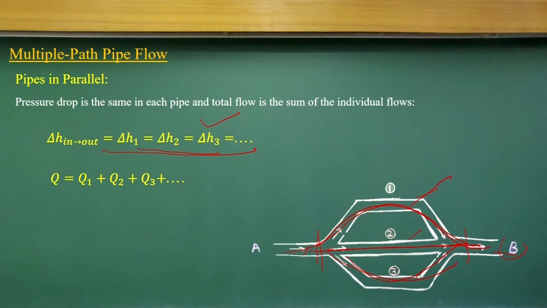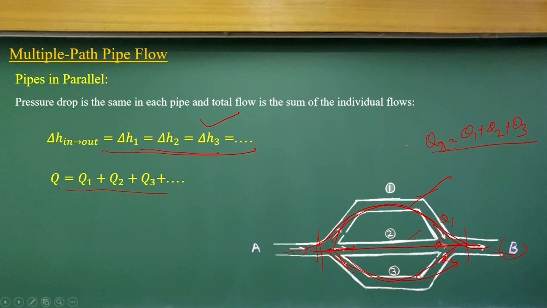And as the flow comes in and is divided into 3 parts, we can always write that the Q coming in is distributed into the 3 parts in this figure. As it branches out and then converges, we can write Q1, Q2, Q3, and QB will be the sum of Q1, Q2, Q3.